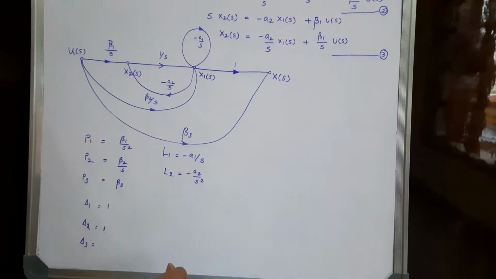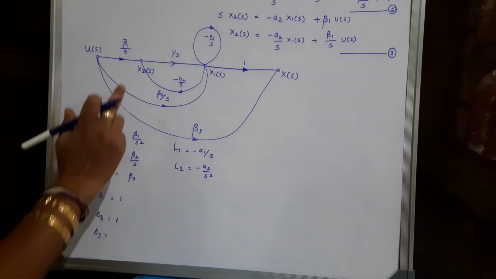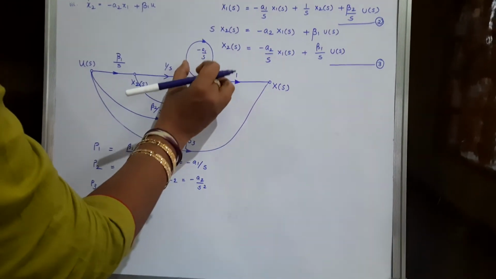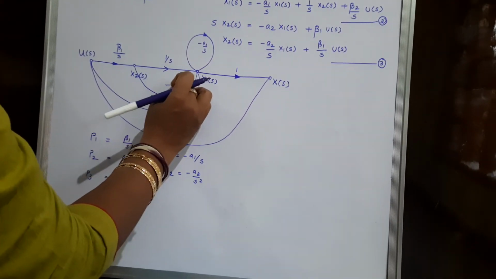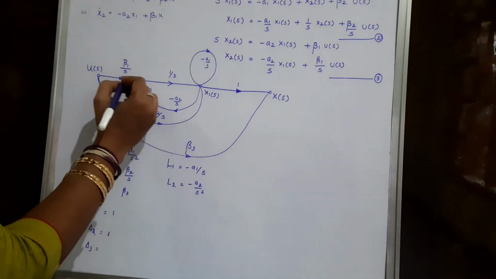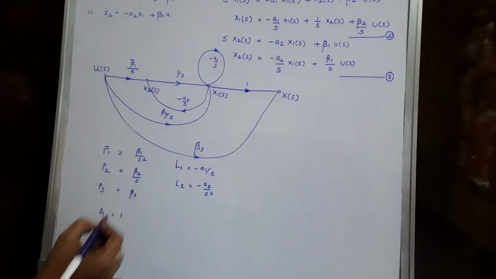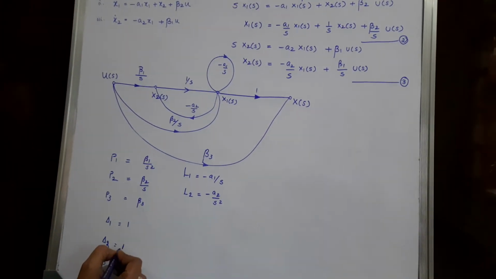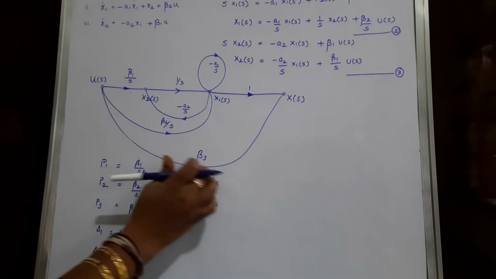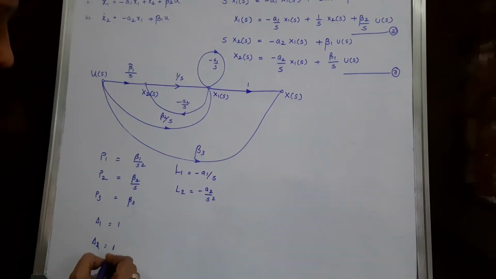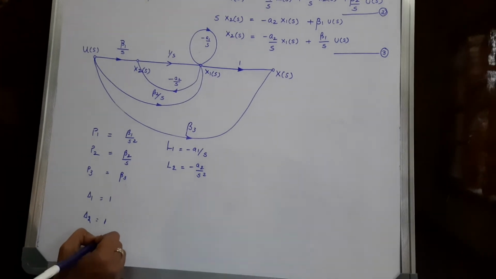For this path you need to consider the loops which are not touching it. So both are touching, hence delta 1 becomes 1. Delta 2 is this. Even for delta 2, beta 2 by s square, even for this it is 1. Delta 3 is this one. So for delta 3, both are not touching, so it will be the same as delta.